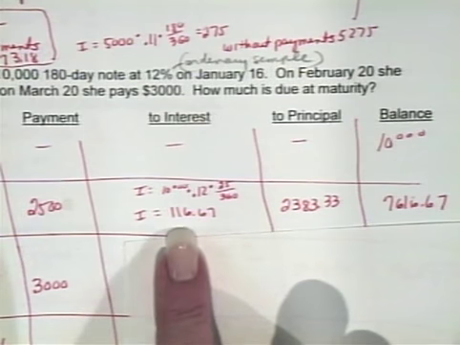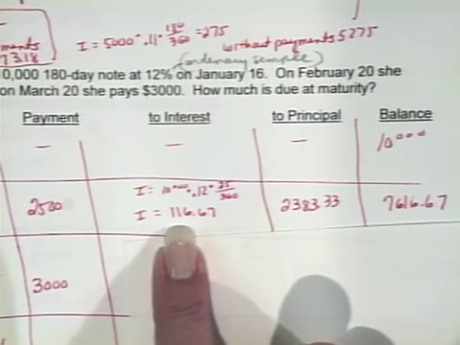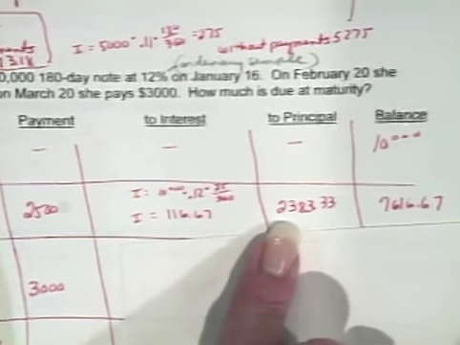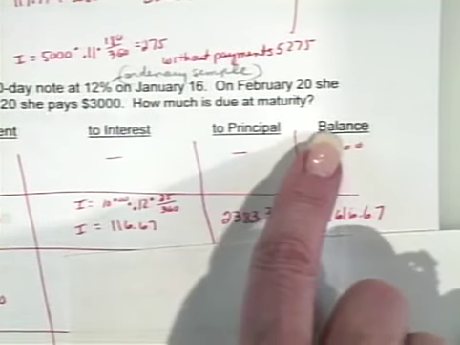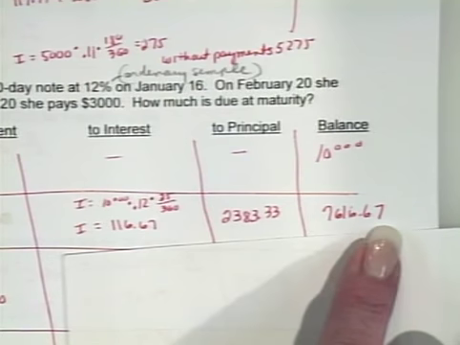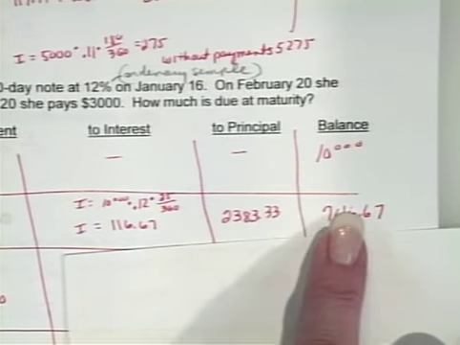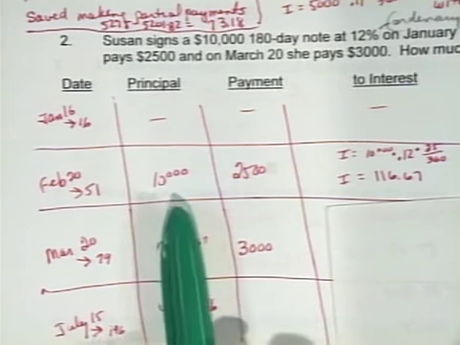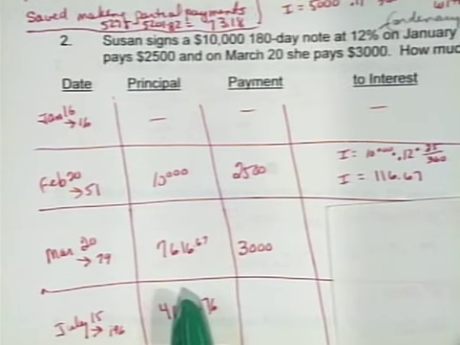It's $2,500 minus the interest. Then I take the principal, subtract it from the balance, and say the new balance is $7,616.67. Is everyone there? You need to pick that number up, this number, and move it way back over to principal. It's the principal coming into the March 20th payment.